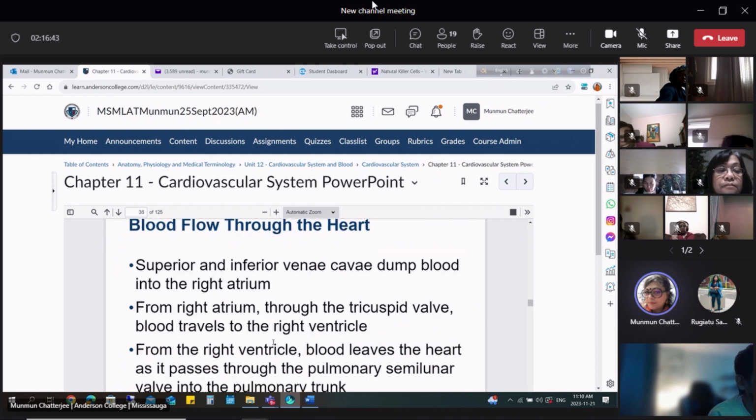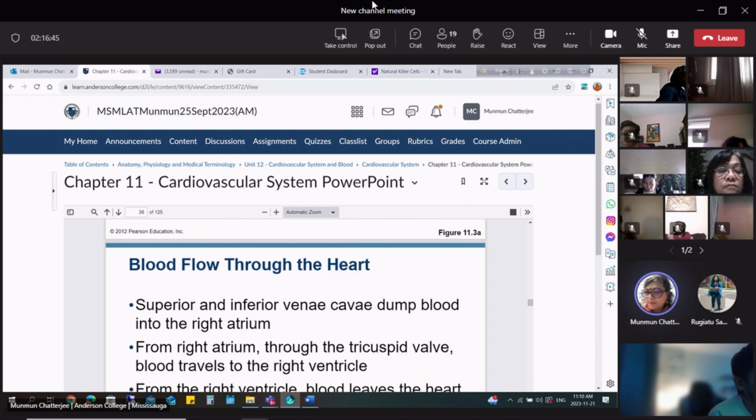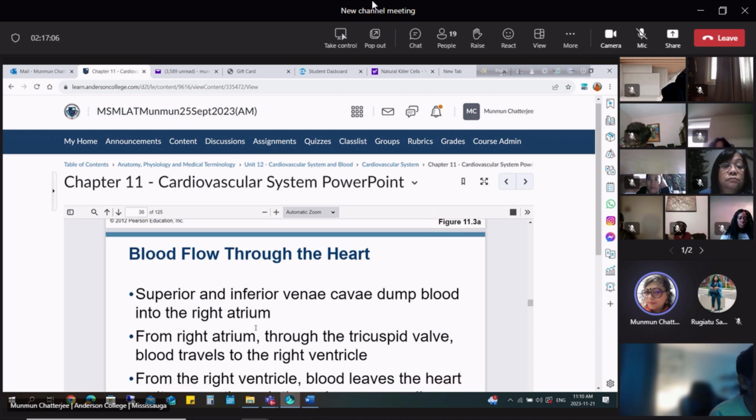So how does the blood flow through the heart? I already told each step. From the superior and inferior vena cava, blood is dumped into the right atrium. Then from the right atrium, through the tricuspid valve, blood travels to the right ventricle.